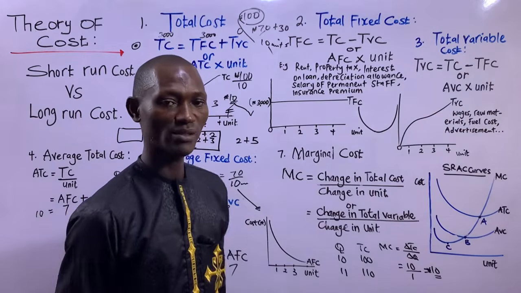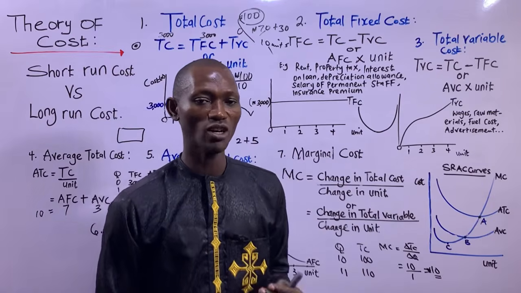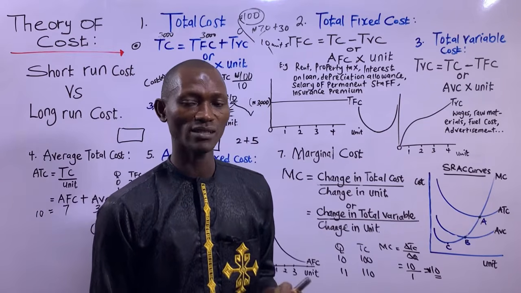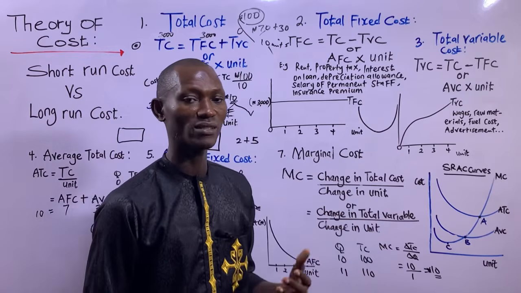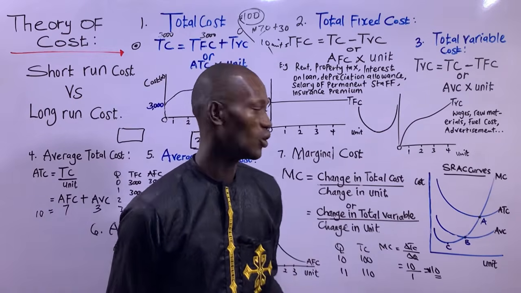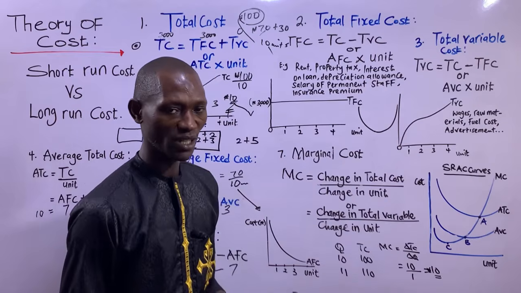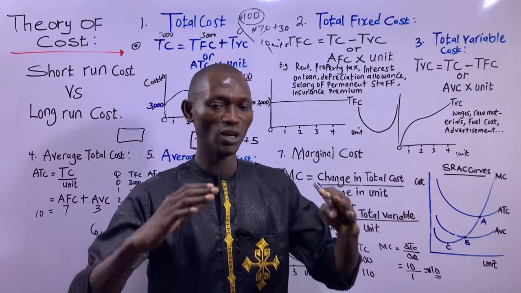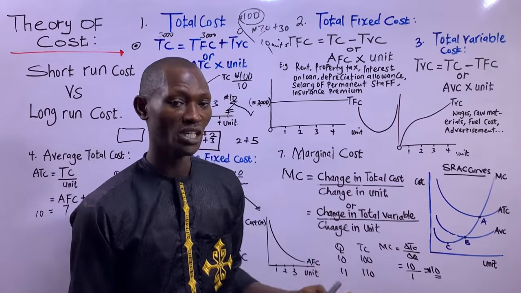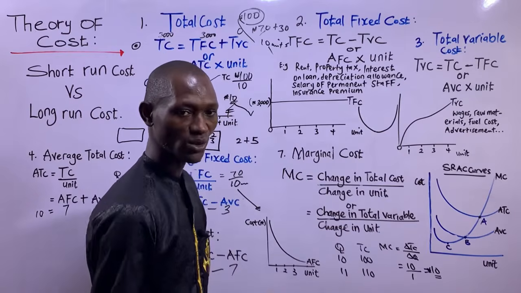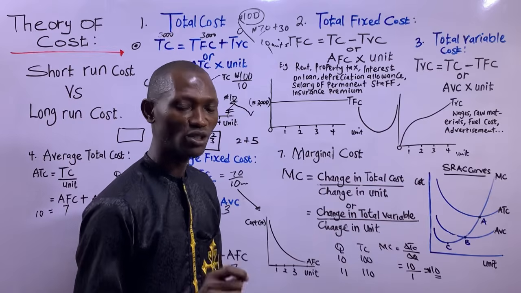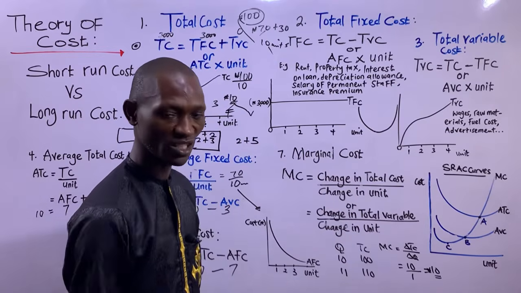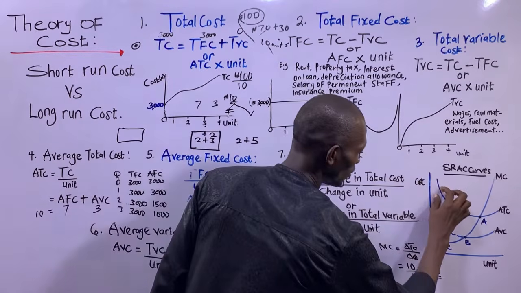That is because when a firm becomes effective as it gets bigger, then we say such a firm is experiencing economies of scale. And when a firm is experiencing economies of scale, it means the firm is now operating on a large scale. And the positive result of that is that the cost of production per unit will start reducing. And that is basically what you have.